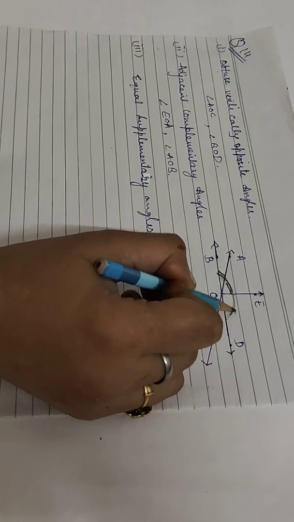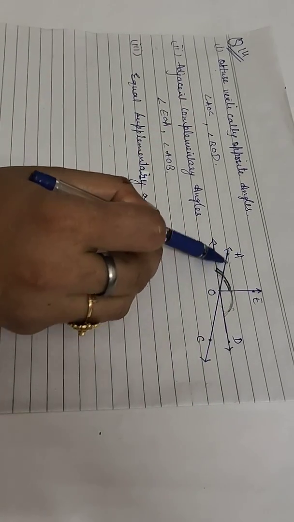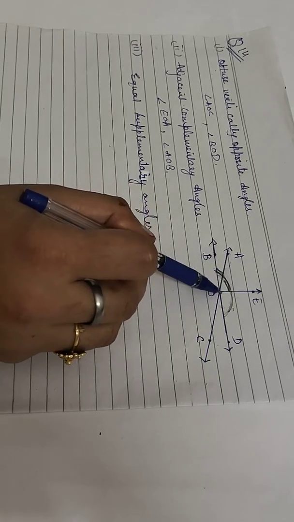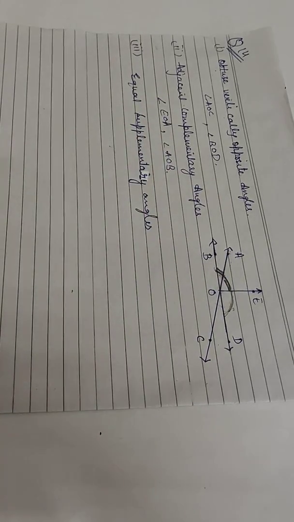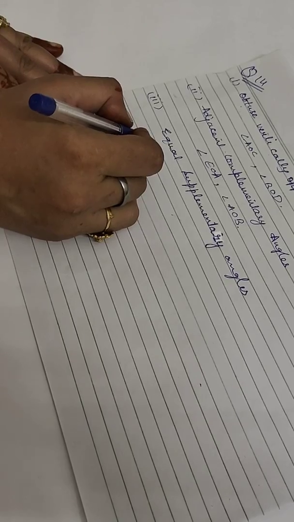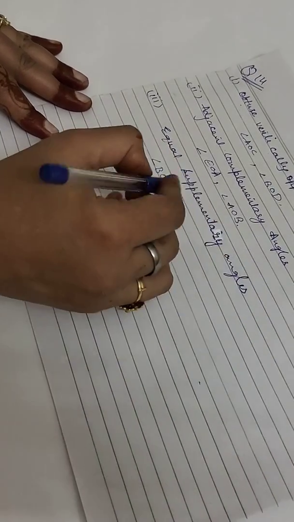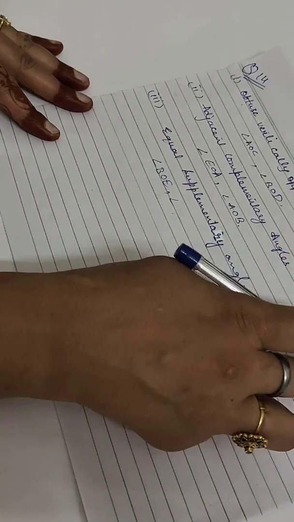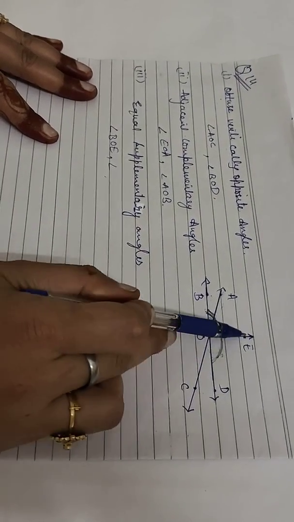So they both are equal and make supplementary angles. But on the other side, if you look at this straight line and see these partitions, then you cannot get equal supplementary angles. You can get supplementary but not equal. So the required angles asked here are angle BOE and angle EOD. So we can write here BOE and EOD.